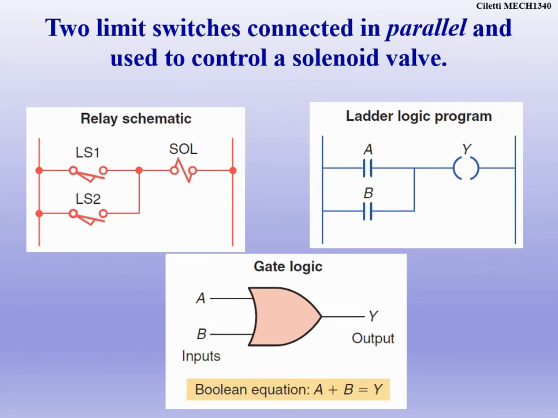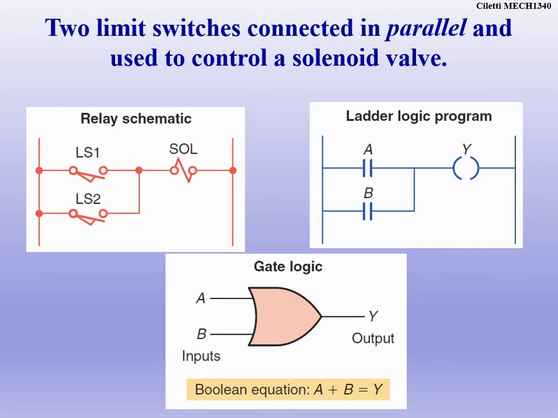Now this is if we are ORing. So schematically, limit switch 1 or limit switch 2 can turn on the solenoid. So A or B can turn on the solenoid. Both of those are normally open limit switches, so A and B are shown as normally open contactors in our ladder logic program. And the solenoid is still shown as an output.